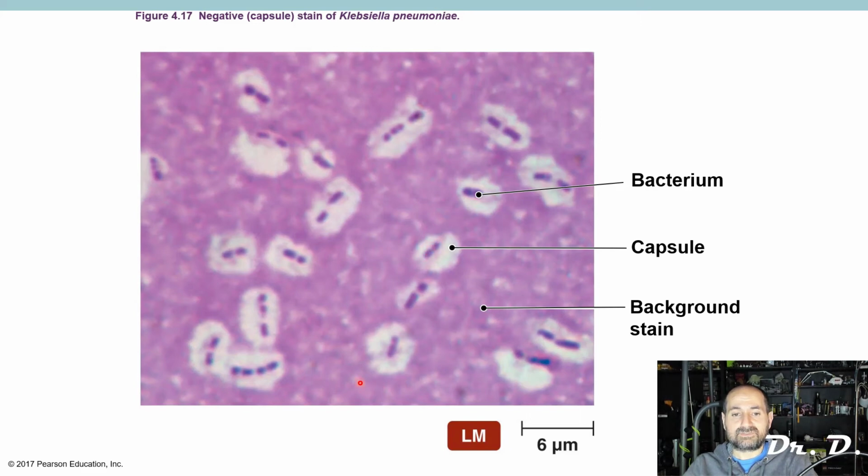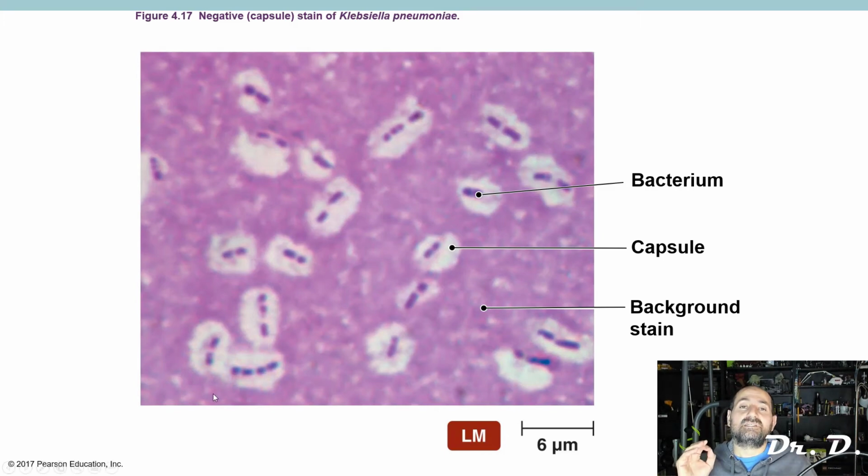So the glass is stained on this slide as well. See? The glass is stained. The specimen is stained. But there are these halos. You see these clearings around each bacteria? I call these halos. You see these halos around each of these bacteria? Well, guess what that is?